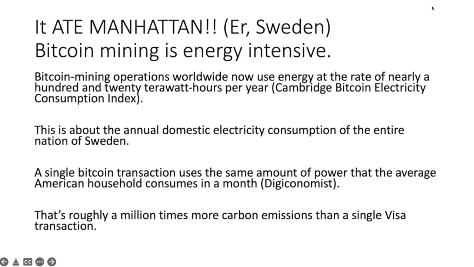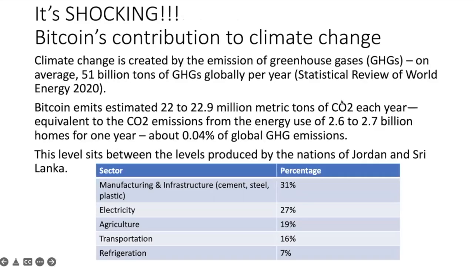Now to put that in the larger context of global energy consumption as well as global carbon emissions, where does Bitcoin fit in the larger global sphere of both energy consumption and greenhouse gas emissions?